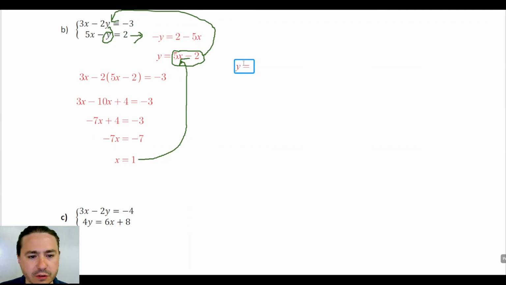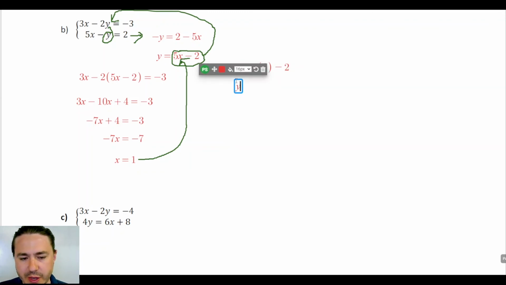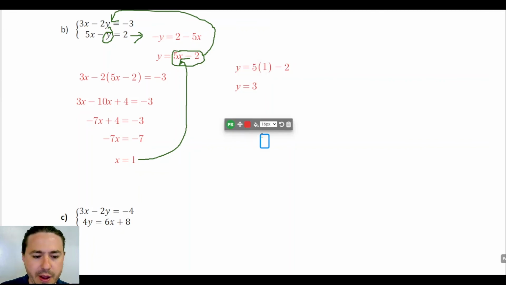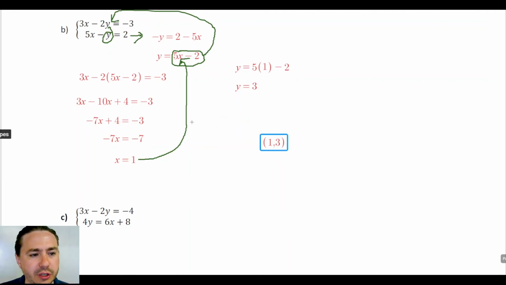So y equals 5 times 1 minus 2. 5 times 1 is 5, minus 2 is 3. So I get my y coordinate. Finally, I can write my ordered pair: it's (1, 3), and that's the solution to this system. They got the x and the y.